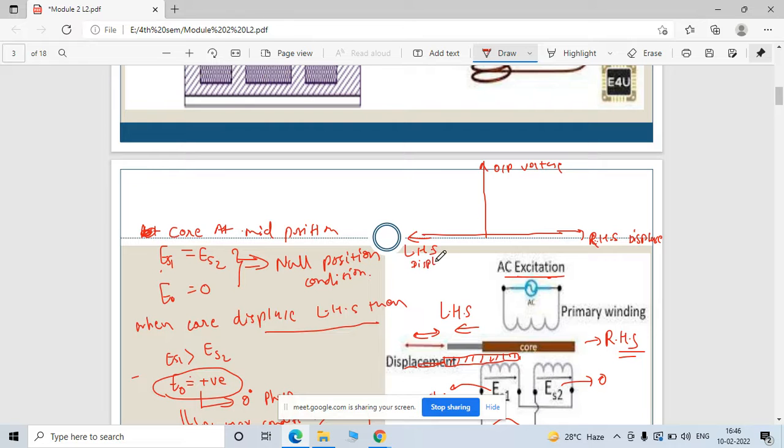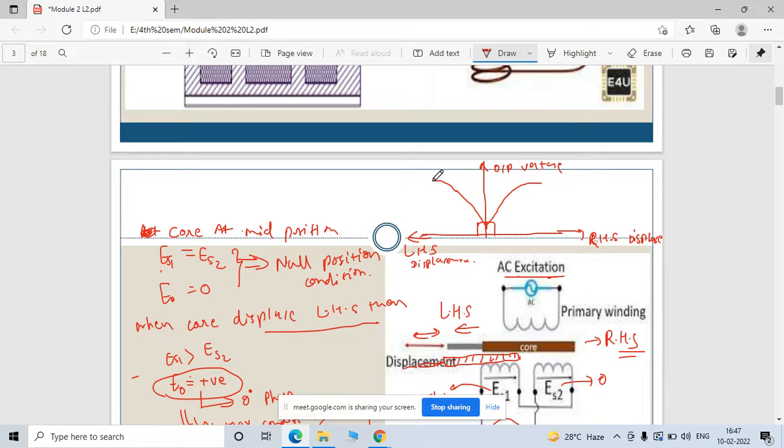Now, this is the advantage of this LVDT: at some point you get the linear region, but when you exceed the range, your curve changes like that.